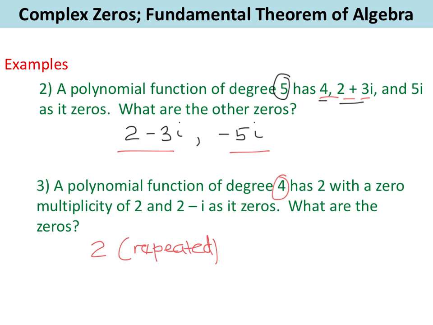And what's the other one? Then we have the other one, which is 2 minus i. And what's the other zero? It's going to be 2 plus i. See, 1, 2, 3, 4. So here is what the question was asking. But you can see we have 4 roots, so it corresponds with the degree.